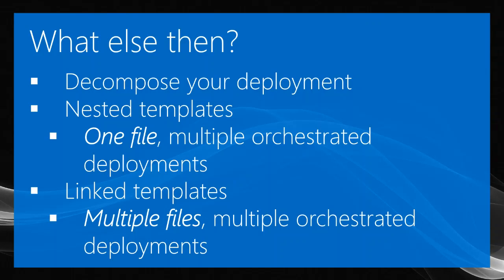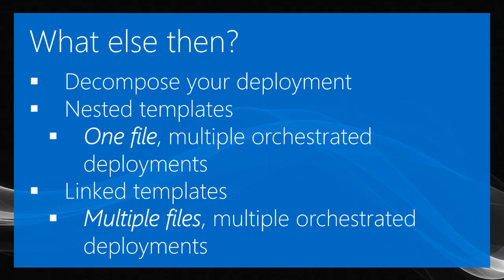So if you go for the nested templates approach, that means that you will still have one single file. So it's still a single file ARM template deployment. But it actually does multiple deployments that are orchestrated. So it's not just a single deployment, but multiple deployments orchestrated in one single file.